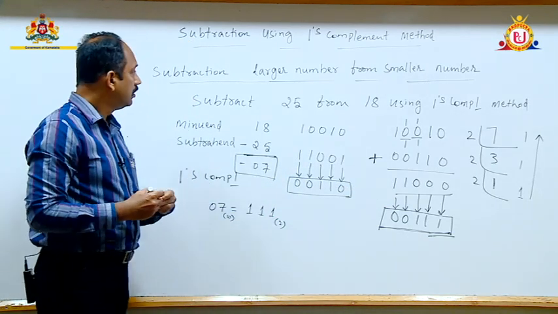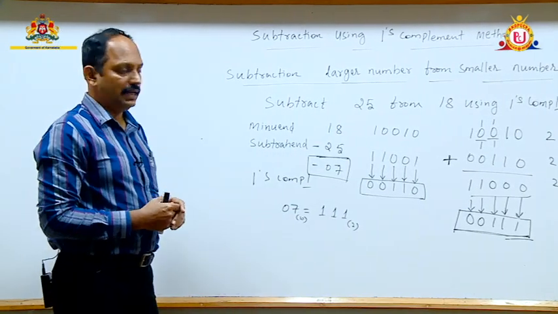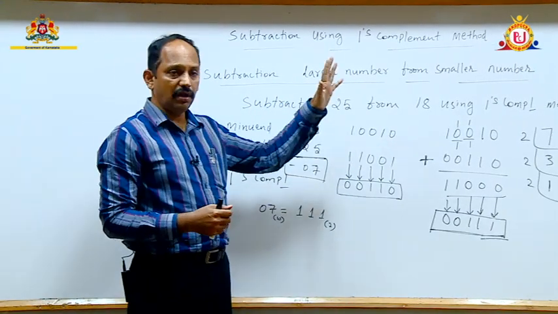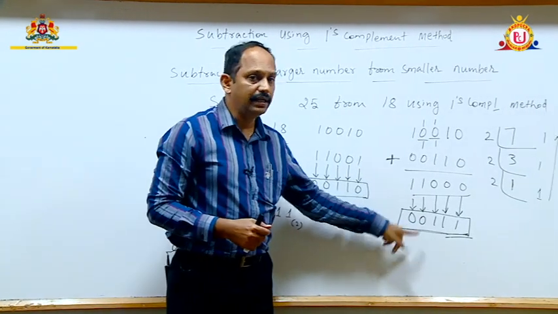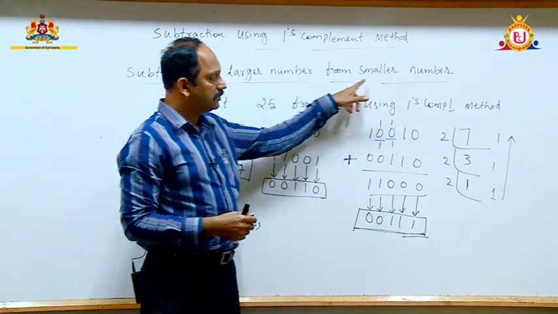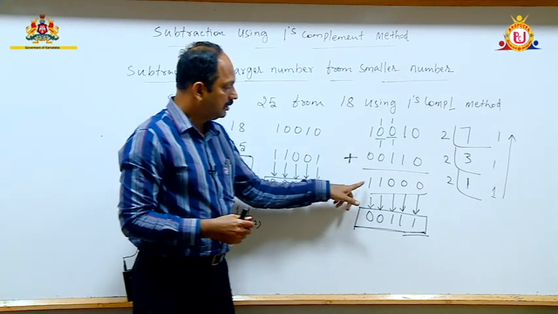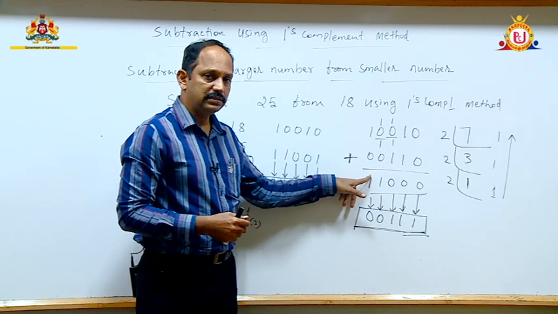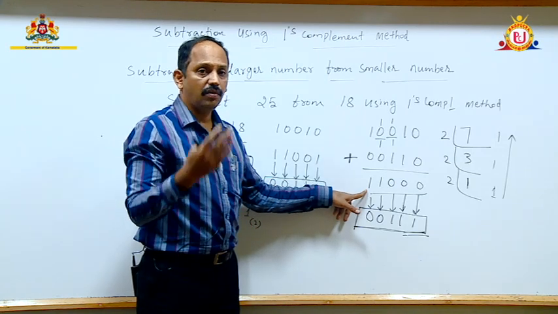So dear students, what is the lesson in this example? In subtraction of a smaller number from a larger number, we did not recomplement at the end. But when the subtraction is of a larger number from a smaller number, the procedure remains the same, but at the end, after adding the minuend and the subtrahend binary numbers, the result is recomplemented.